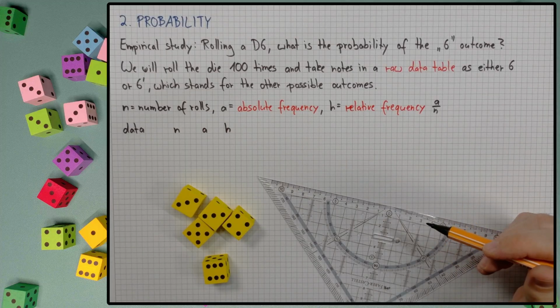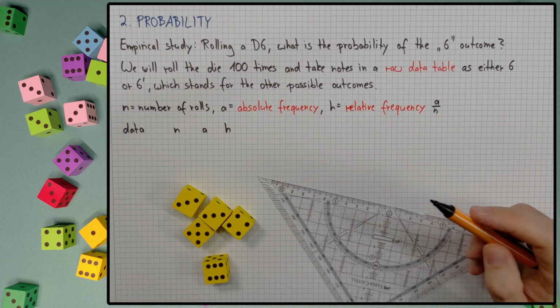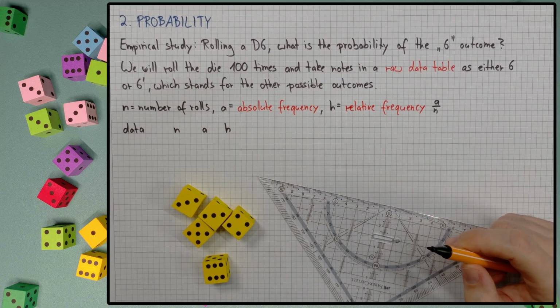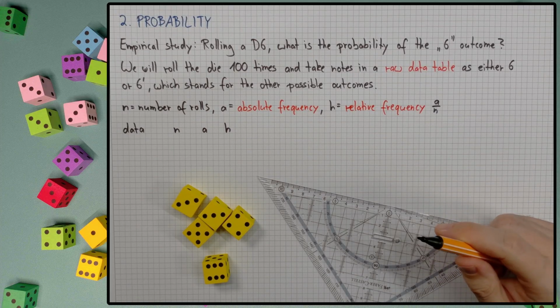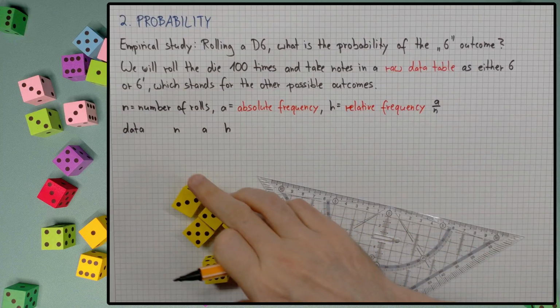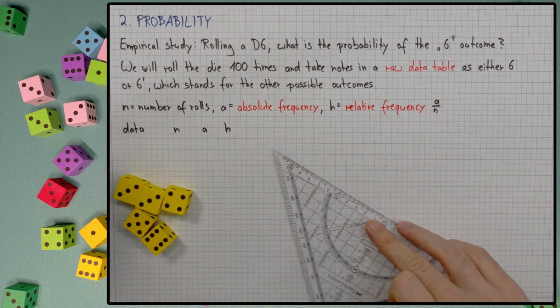And for convenience's sake, I am going to use 5 dice to make it a bit faster, to expedite the process.